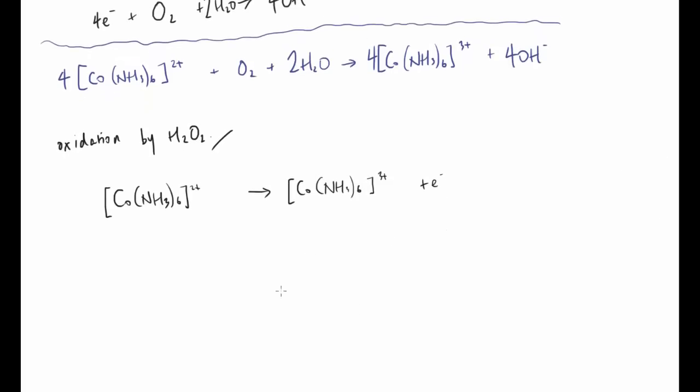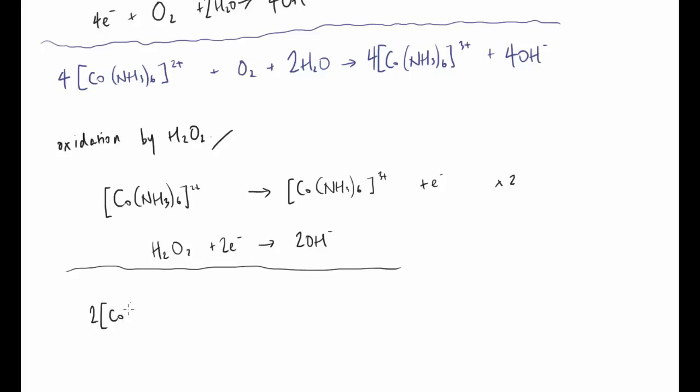On the other hand here, if you look at the chromium video, it's the same there, where our hydrogen peroxide H2O2 ultimately gets reduced down to the OH minus, add a couple of electrons. By the time you actually balance this up, multiply by 2 up here, the full redox equation is going to be 2 Co(NH3)6 2+ plus H2O2 giving 2 Co(NH3)6 3+ plus 2 OH minus. I'm assuming here that at this point redox and things aren't a problem.